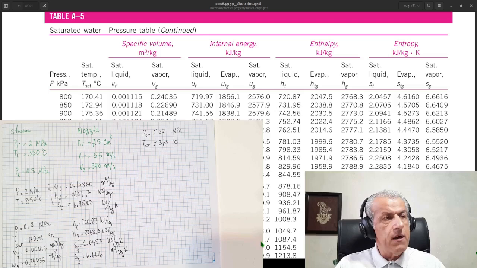So these are all the properties that might be of interest to us.